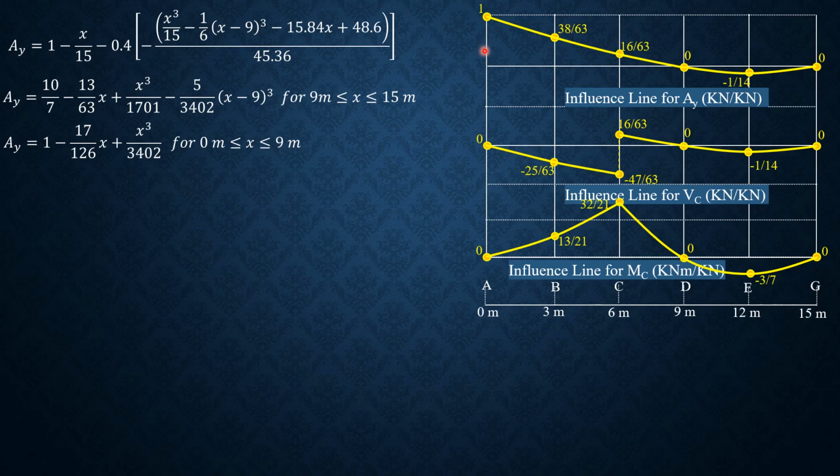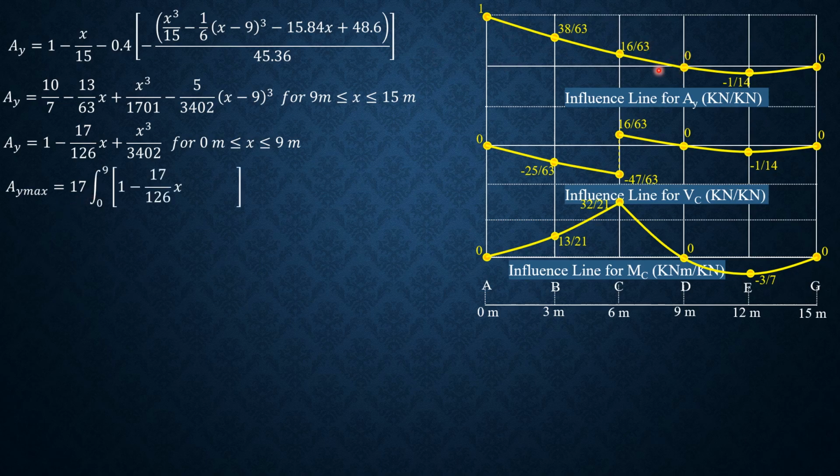Therefore, for A to D, the load would be 15 plus 2, so 17 kilonewtons per meter. And from D to G, the load would be just the dead load of 2 kilonewtons per meter.